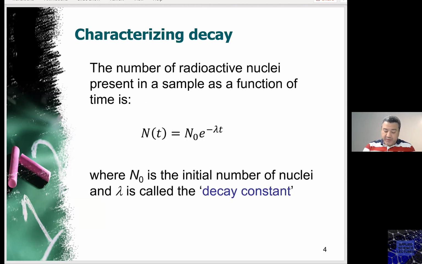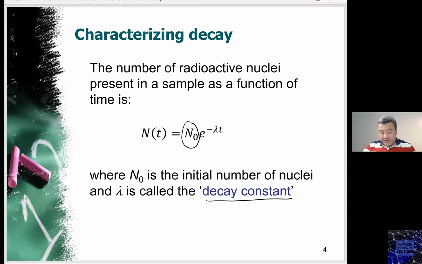So in order to characterize this decay, we have seen that this number of nuclei, which we call initial, will start to decay exponentially, such that the lambda here is called the decay constant, and it's given per unit time.